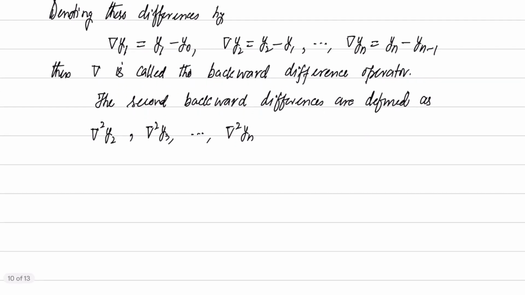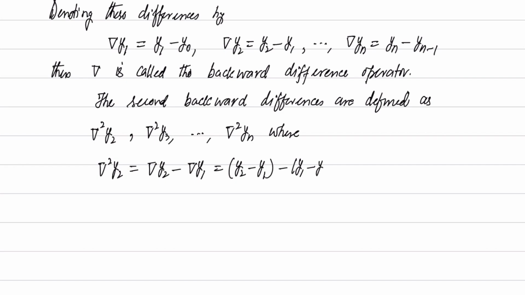Here delta square of y2 is equal to delta y2 minus delta y1. Delta y2 is y2 minus y1, and delta y1 is y1 minus y0, so this will give us y2 minus twice y1 plus y0.